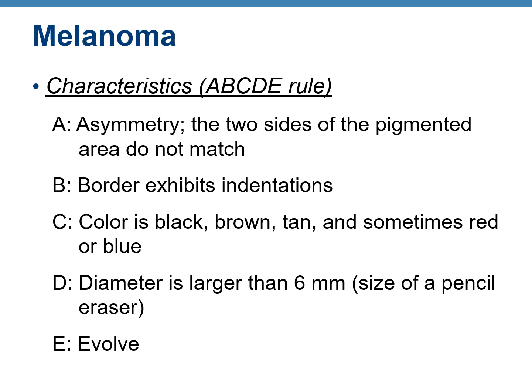D for diameter. Diameter is larger than 6 millimeters. That is the size of a pencil eraser. And E for evolve. And that means that this pigmented area is changing over time. It's changing in color, in texture, or in size.